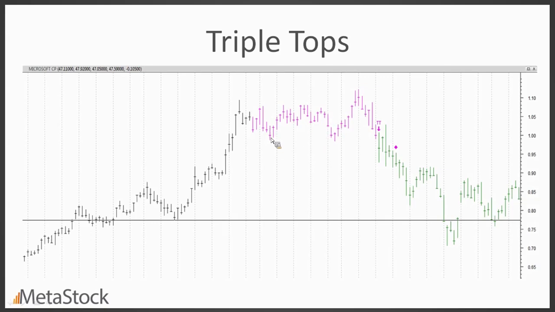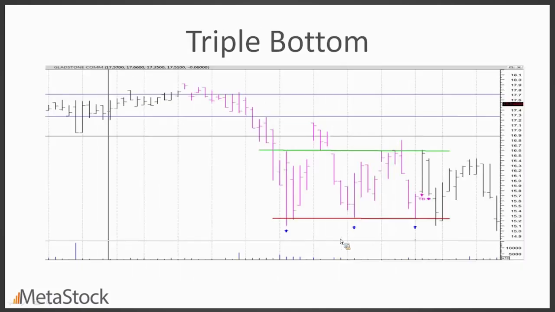Now notice how the troughs are actually even, and that's something we want to pay attention to so that this is not identified as a different pattern, an ascending triangle, which we'll get into a little bit more. But what we're doing here is establishing three heights of the instrument, three tops that are relatively close together with troughs that are pretty darn even. Okay, and we get our reversal and our confirmation down here with actually a doji.